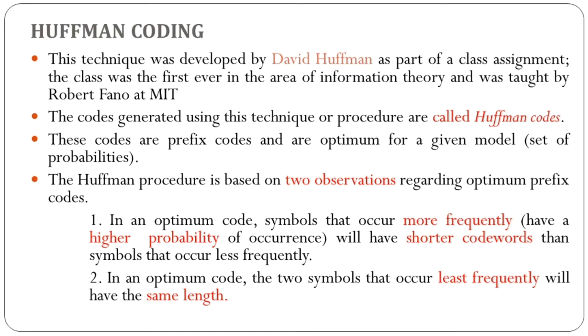This indicates the symbols which occur more frequently will have higher probabilities and always shorter code words, whereas the symbols which do not occur frequently will get a longer code word with less probability. The second observation is that in an optimum code, the two symbols that occur least frequently will have the same length. If you have two different symbols and they are occurring less frequently, they have the same length.